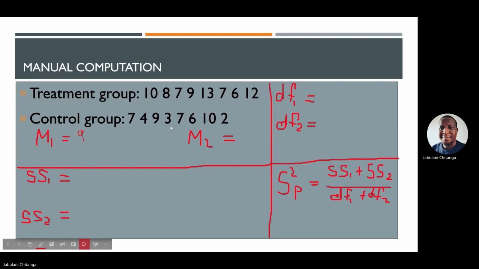For the second, the control group, 7 plus 4 plus 9 plus 3 plus 7 plus 6 plus 10 plus 2. You do the same, divide by 8, and you get 6. Then the degrees of freedom for each group is n minus 1. We have 8 participants, so n minus 1 is 7, and the second one is 7.